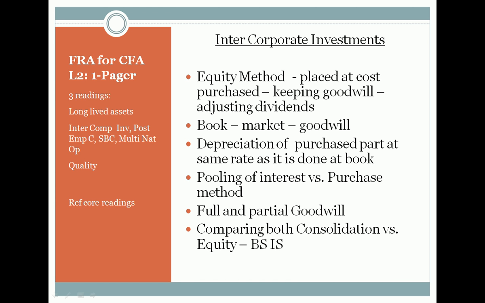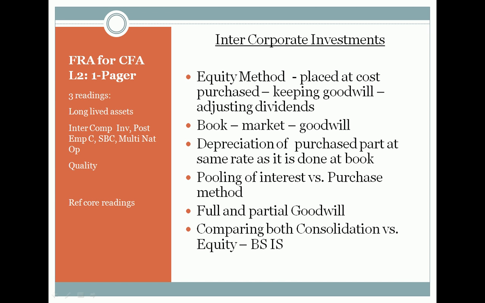And the next part is that when you calculate goodwill, you have to make sure whether the goodwill created is the entire goodwill, and whether you should add that goodwill to the company that you buy, and that's another thing that becomes quite interesting.